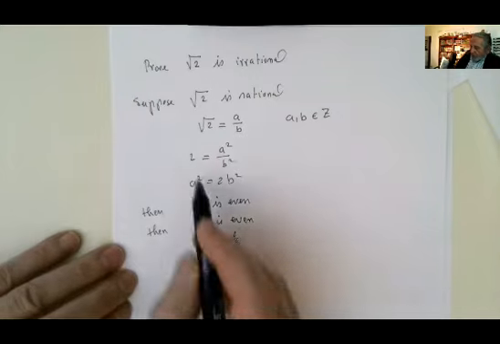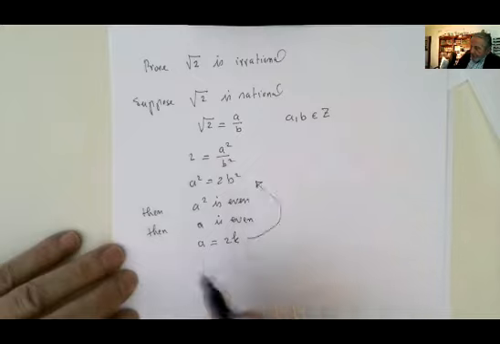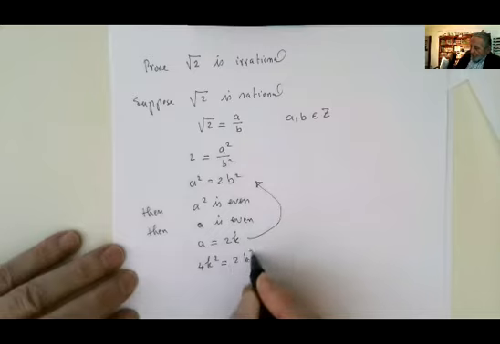So I replace it in here. I have a squared, 4k squared, is equal to 2b squared. Then b squared is equal to 2k squared.